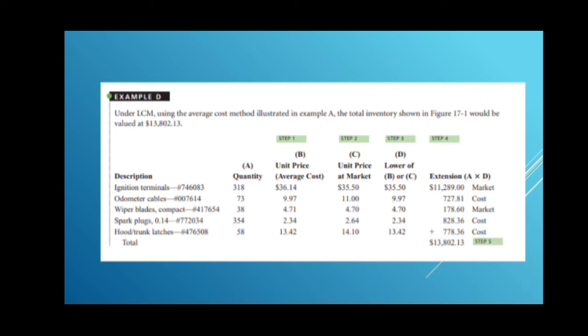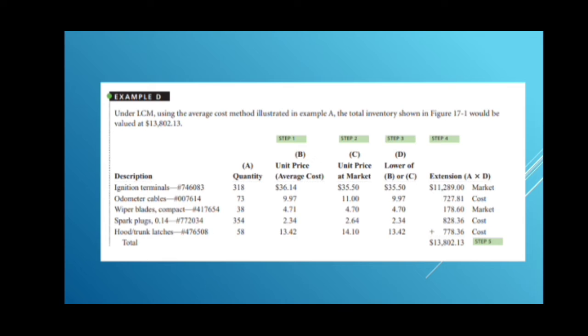Extension will be the product of the quantity A and the lower amount or lower price, letter D. Then identify if it is the unit price from average cost or from the unit price at market. Next is step 5, which is to compute the extension of each product.